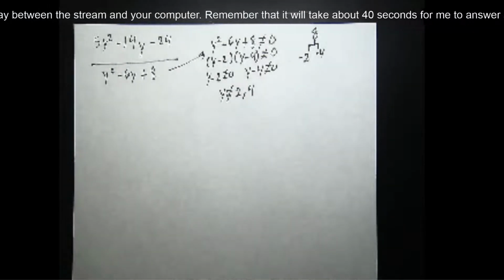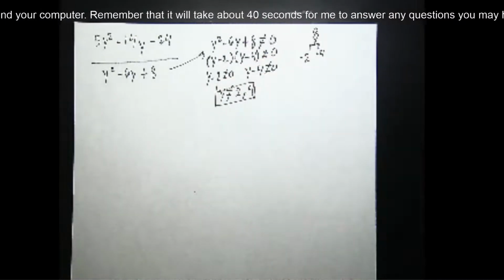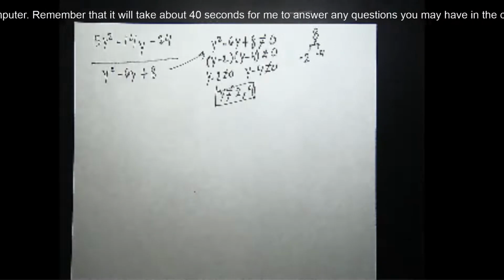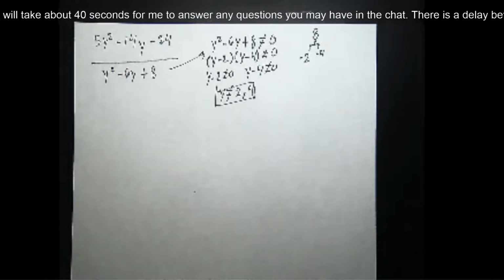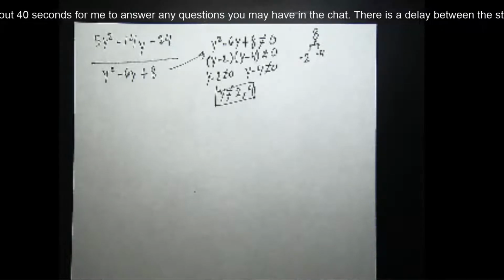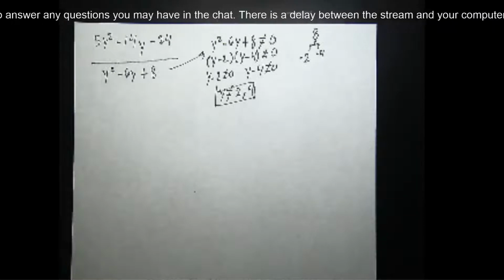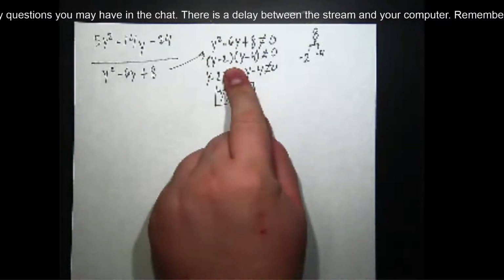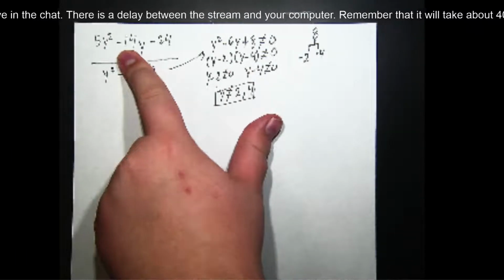Okay, so there's our domain, or really range because it's y. We'll just call it an excluded value. Now we want to simplify this, so what we're going to want to do is get everything factored and see if we can cancel out any common factors between top and bottom. Lucky for us, bottom's already factored. We can just use that. So let's go ahead and tackle this.